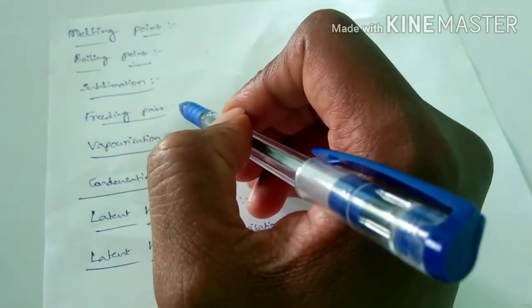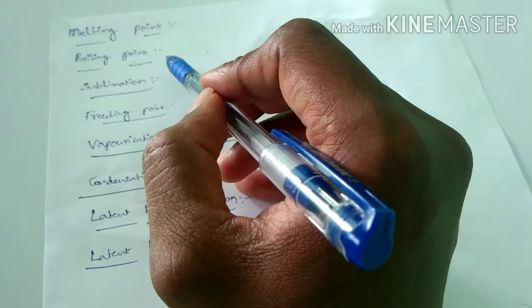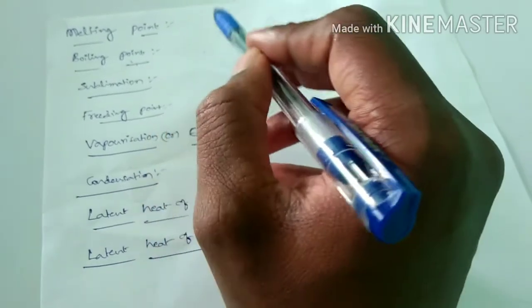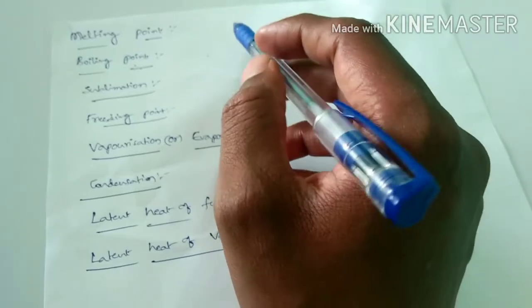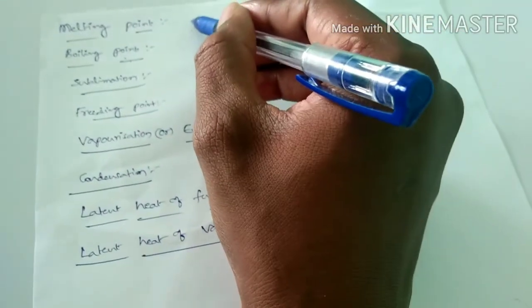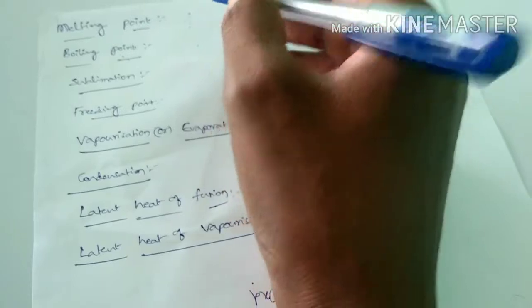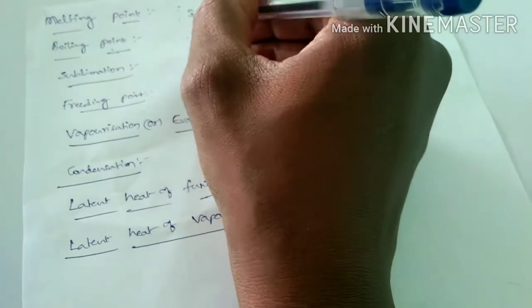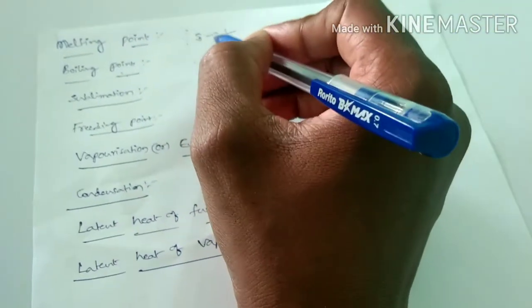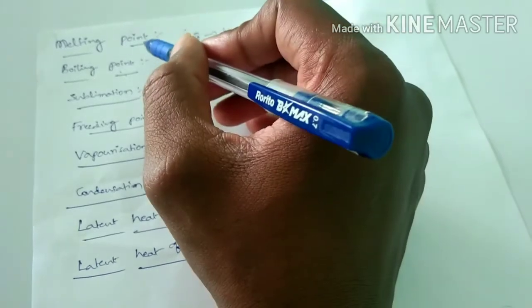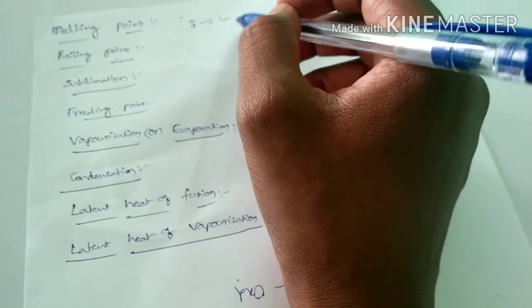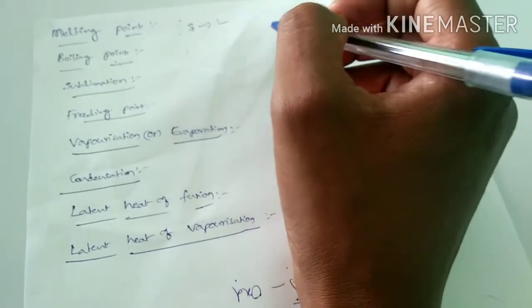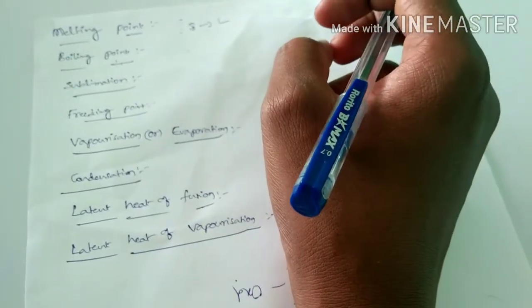Boiling point means the temperature at which liquid is converted into vapor is called boiling point. Don't get confused, friends. The temperature at which solid is converted into liquid, that temperature is called melting point. For example, take one solid substance.